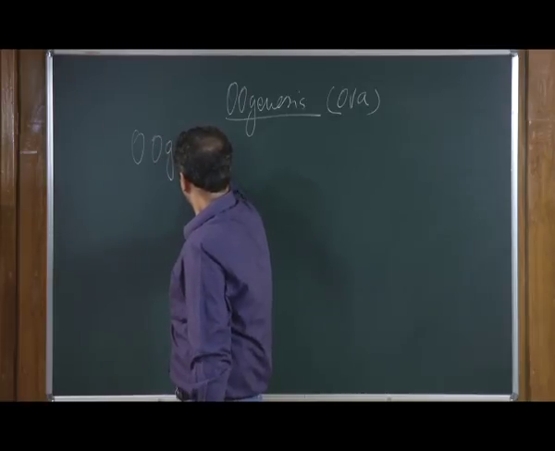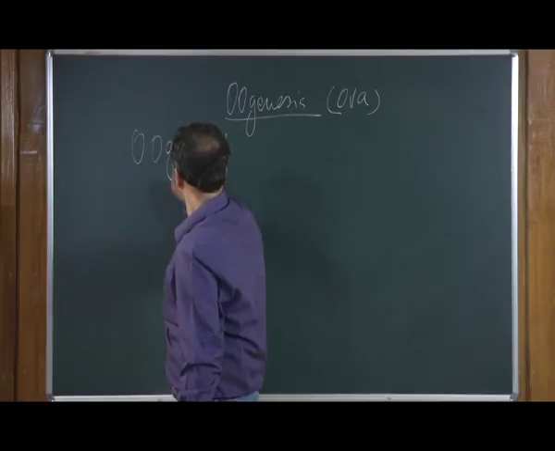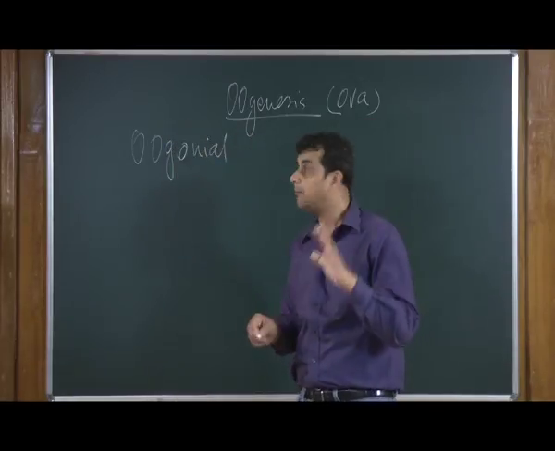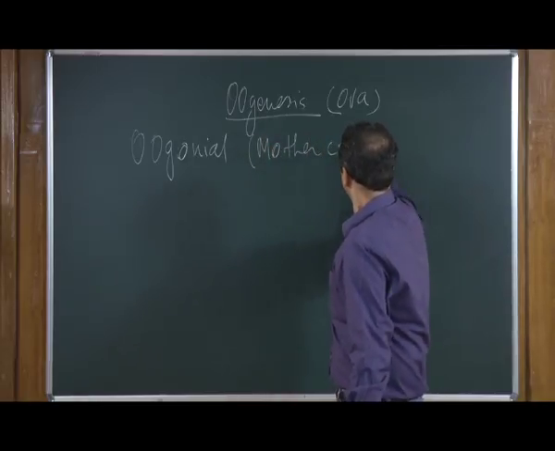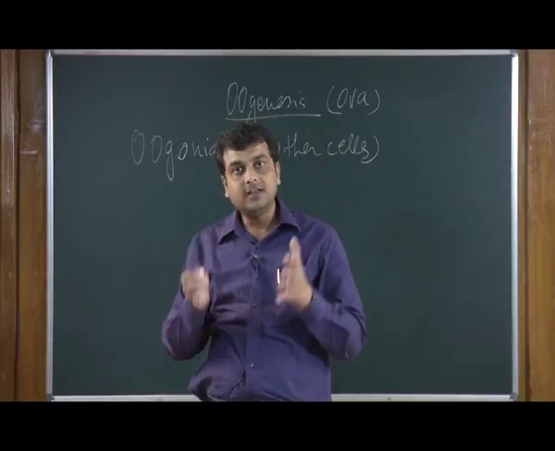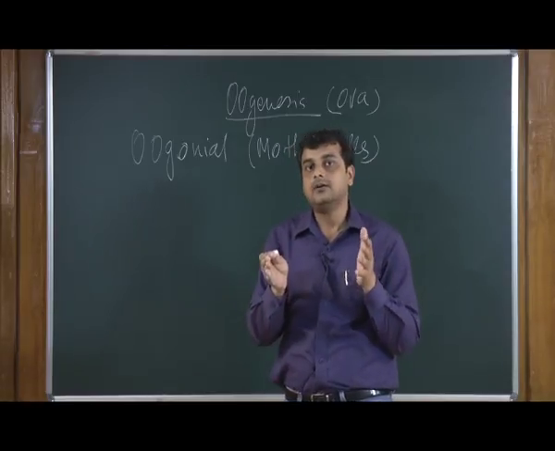During the fetal developmental stages, millions of cells, the ones which are going to form the mother cell, are called oogonial cells. These oogonial cells are the mother cells, and they are formed before birth. They migrate into the ovary and remain sequestered.